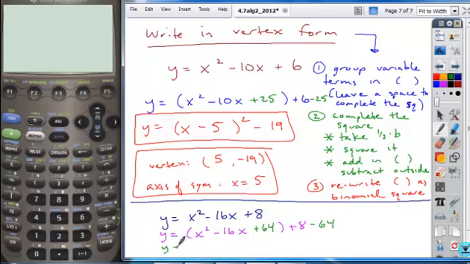Then we can rewrite it as a binomial square. First term x, second term was half of b, so minus 8. And then we combine our like terms out here, a plus 8 and a negative 64. That leaves you negative 56. And you get your vertex form.